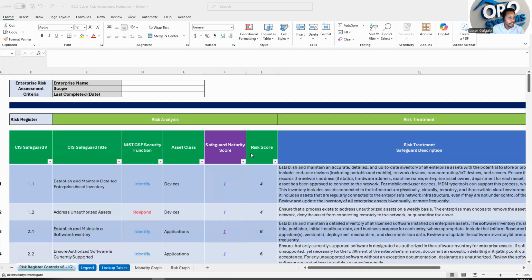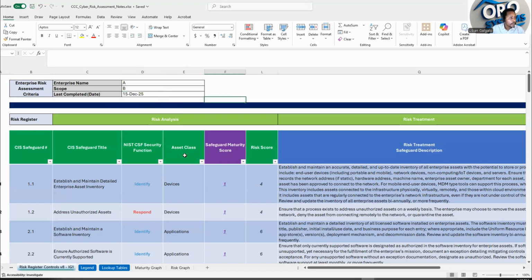There's no data indicating any specific company, but I can show here the enterprise name, let's say A, and their scope maybe including B, and the last completed date is today, 12/15/2020.